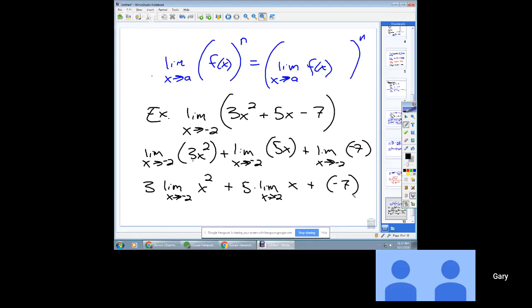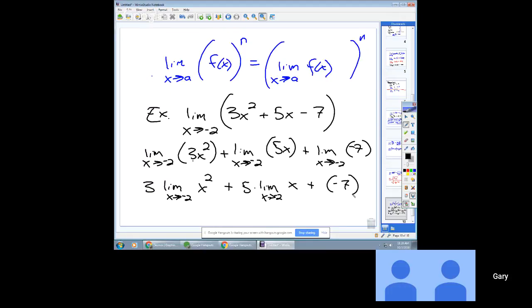Here, you could do it in a couple of different ways. You can just think about what's happening with x squared when x goes to -2, and I think we can all think pretty clearly that's probably going to be 4. Or we could slide in and take the square out. What's x going to? -2.